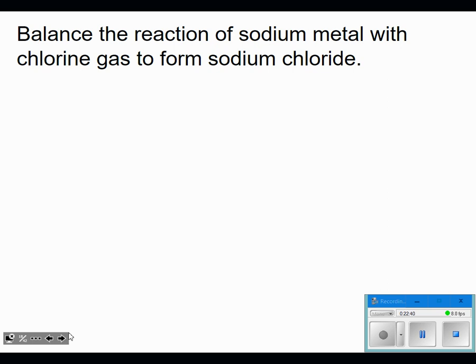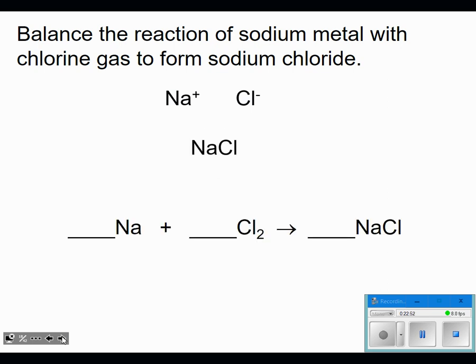And chlorine is Cl with a negative 1 charge, so when you crisscross it becomes NaCl. So we have Na positive, Cl minus, which would create NaCl as our product, and the reactants would be Na plus Cl2.